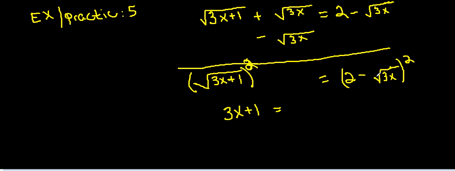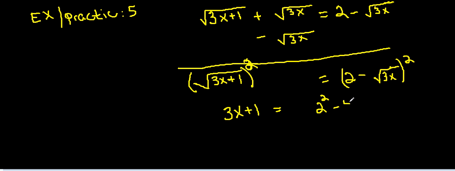And that's going to give me, well, I'll multiply this out using the shortcut way, so it's going to be the first term squared, which is 2 to the second. Next is minus the middle term, and the middle term is these three terms multiplied together: 2 times 2, which is 4, times negative square root of 3x.